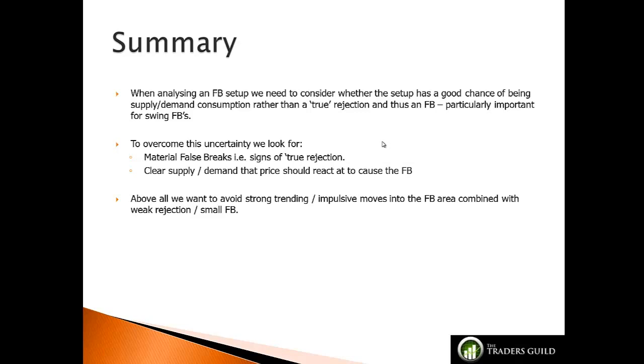So above all, what you want to be able to conclude is that strong trending impulsive moves into the FB area combined with weak rejection, materially small false breakouts, significantly increases the chances of that setup being supply demand consumption rather than a true rejection and thus a true false breakout setup.